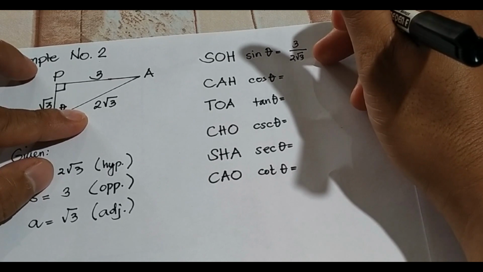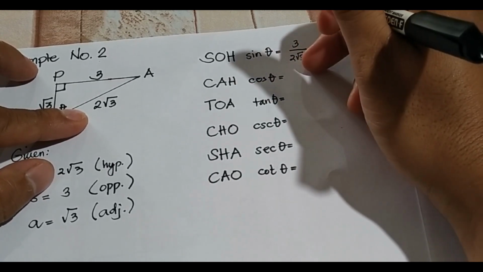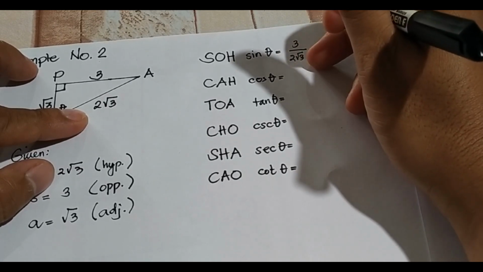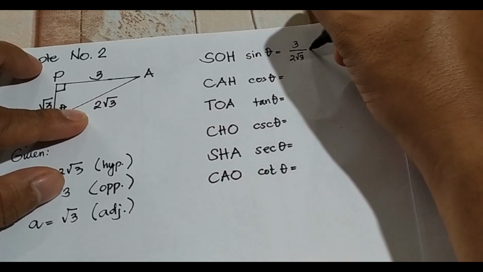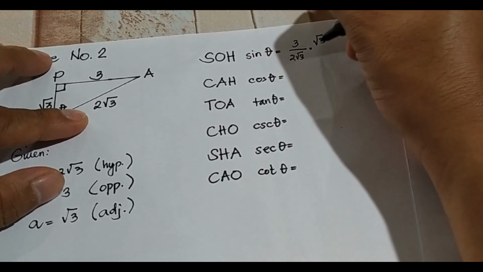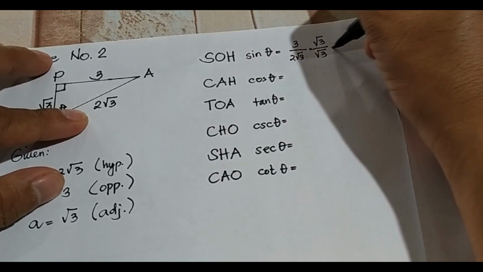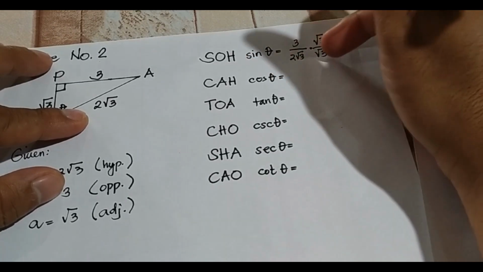So as we rationalize, we have to multiply the fraction by square root of 3 over square root of 3. So right here, we have 3 square root of 3 over, what is 3 times 3? That is 9.